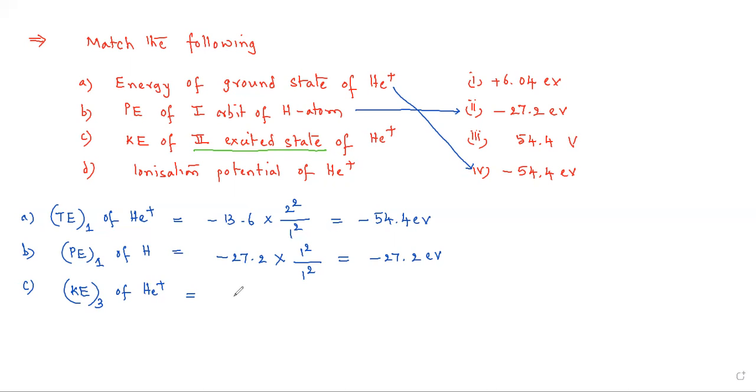So kinetic energy. And remember, kinetic energy is again the same as total energy, but with a positive sign. So let me put plus 13.6 into z square 2 square by n square 3 square. Okay, so this comes out to be plus 6.04 electron volt.